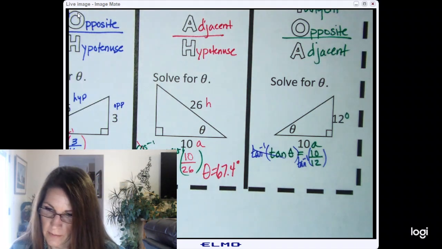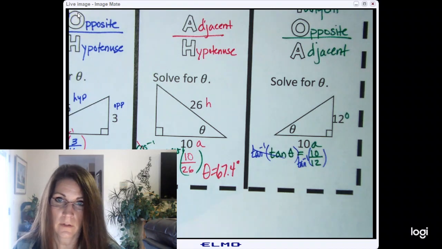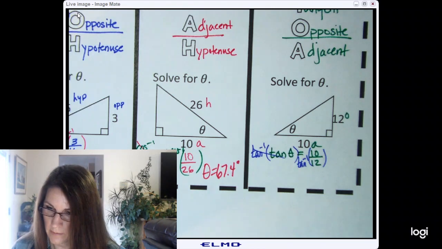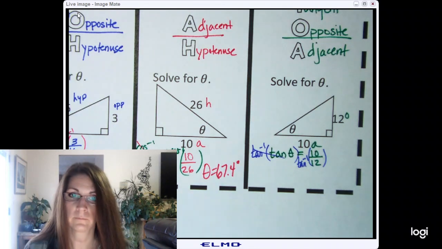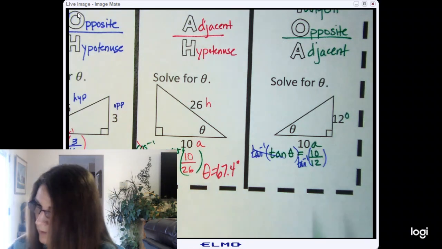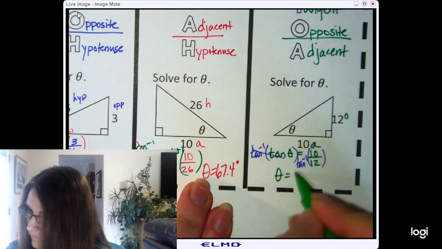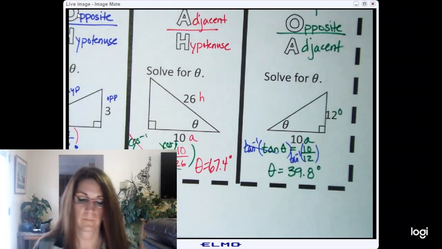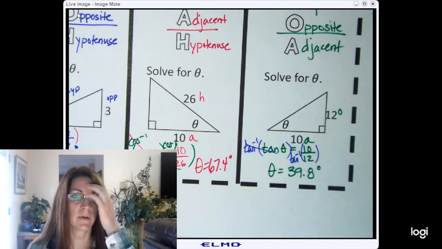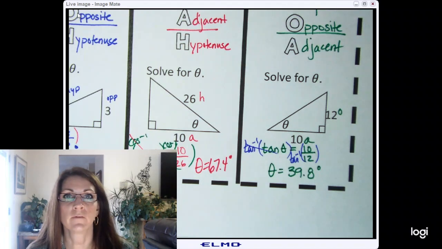Type the other side into your calculator. Inverse tangent of 10 divided by 12 gives me the angle measure of 39.8 degrees. All right, we'll spend some time here. Hopefully you'll start to feel a little bit better about those trig functions.